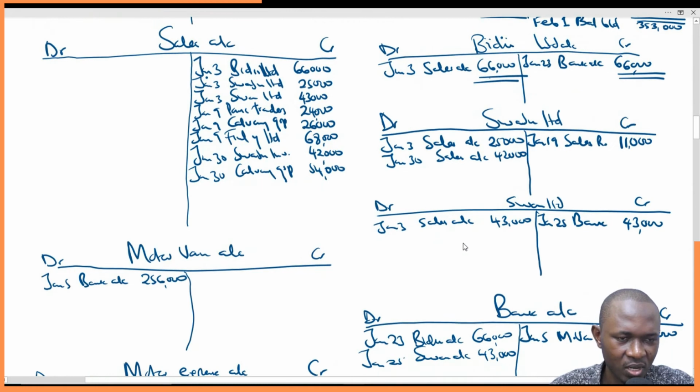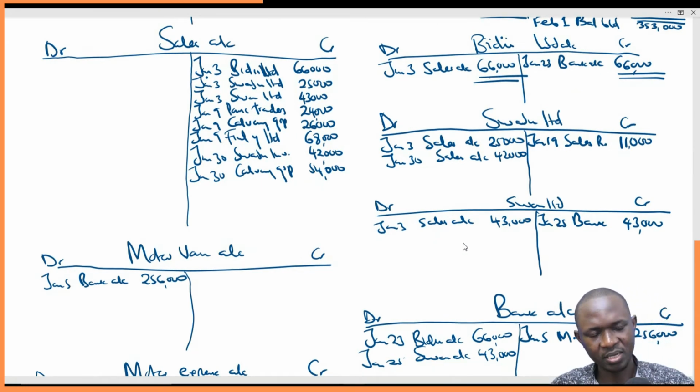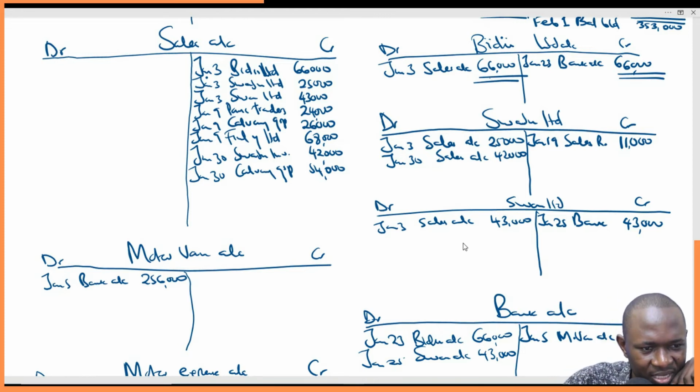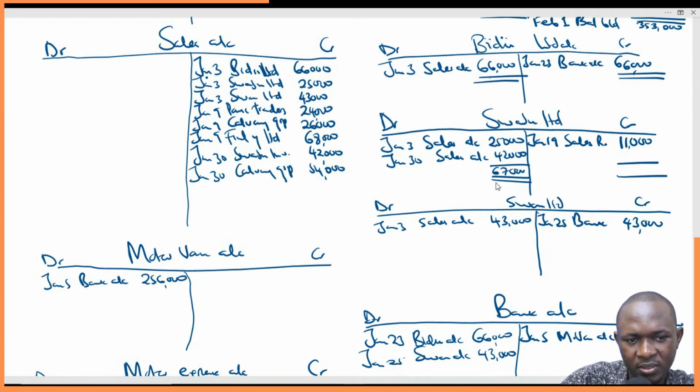Then we come to Swan Limited. This side is 11,000. Credit side 11. Debit side is 25 plus 42. This gives us what? 67,000. So we'll also have 67,000 on these sides.